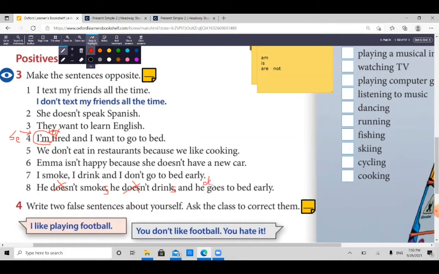Now we want again negative. He doesn't go. So this is doesn't. Sorry for my bad drawing. Go. Excellent. Verb 0, I delete es. He doesn't go. Okay.